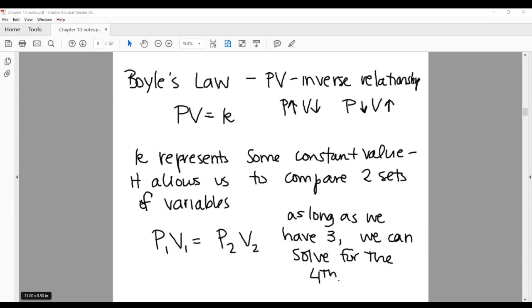So we can set those equal to one another to work our problems. And as long as we have three variables, we can solve for the fourth. So when you're working these problems, you want to look for and identify the three variables that you have and the one that you need to solve for.